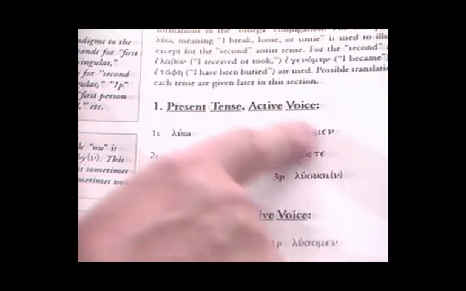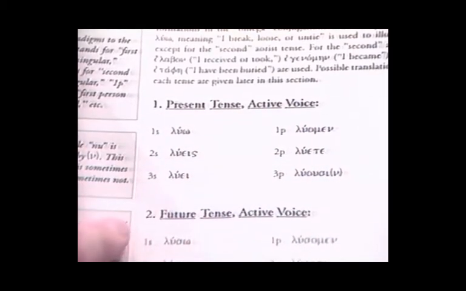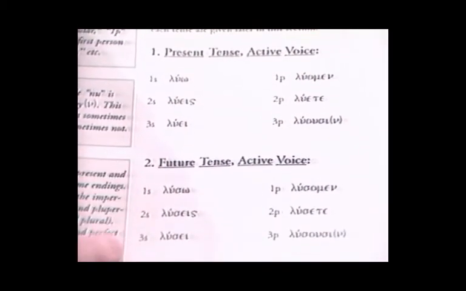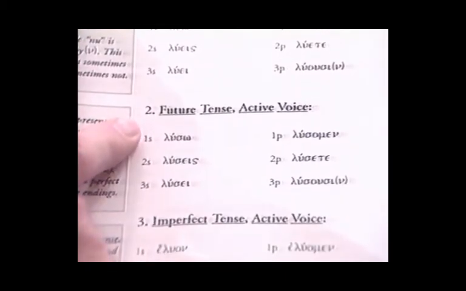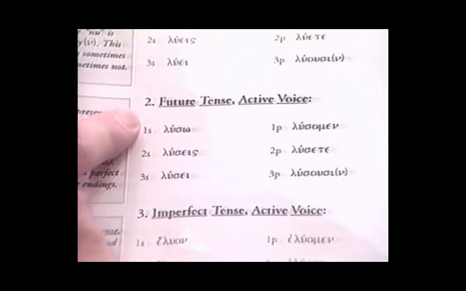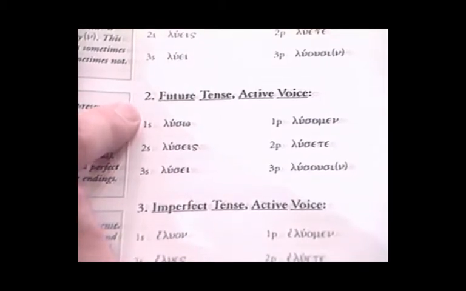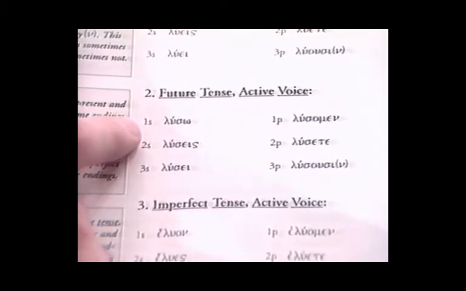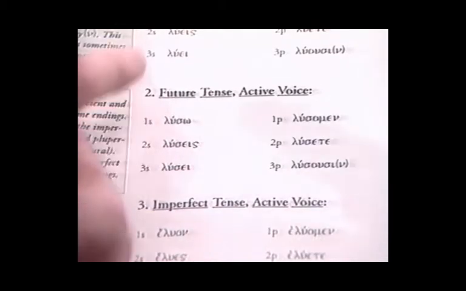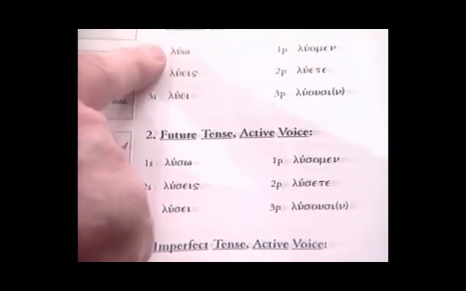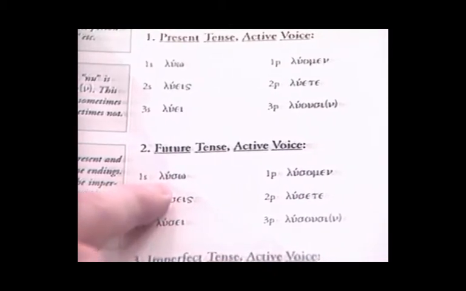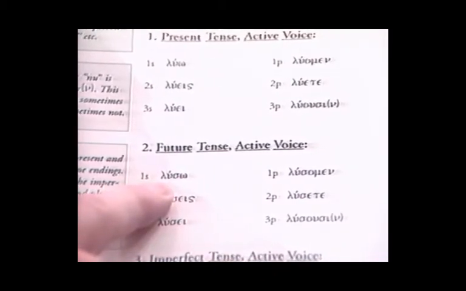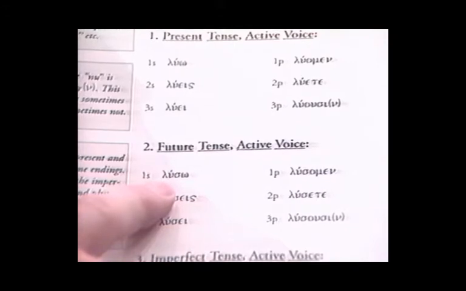With that paradigm as a model, now you can look at the other paradigms. Number 2 shows you the future tense, active voice, indicative mood. Notice that the only difference between the future tense formations and the present tense formations is that the future tense has a sigma tense indicator placed right before the personal ending.